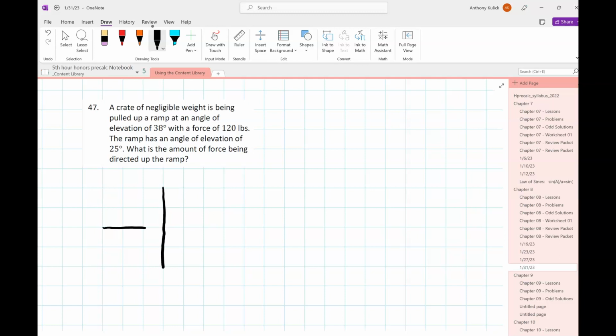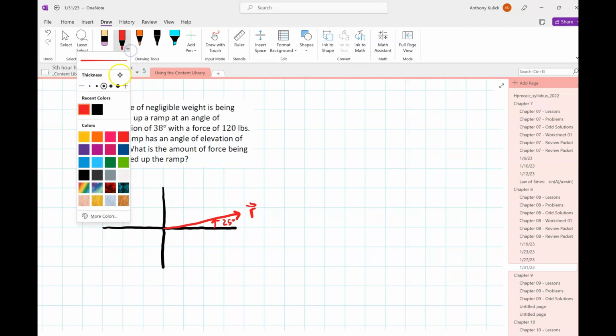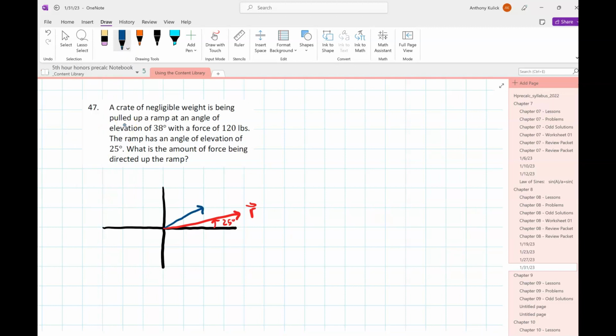So if we just sketch ourselves a picture of what's going on, we have our ramp here, where that's 25 degrees. And then we have some pull vector going on at 38 degrees, right?